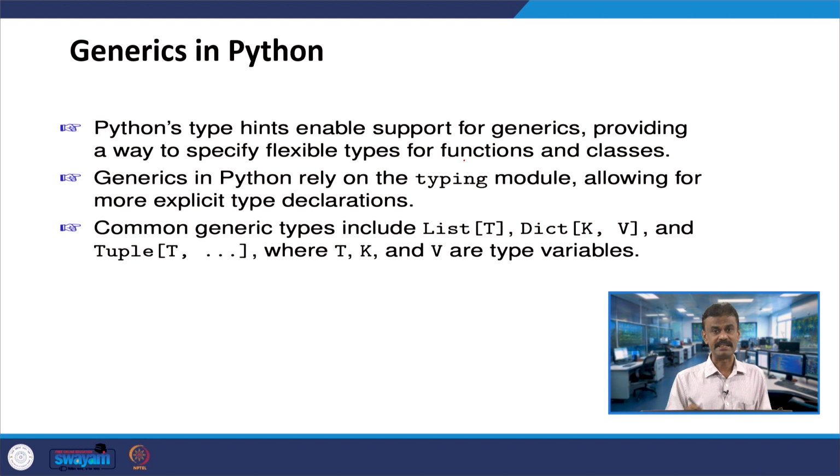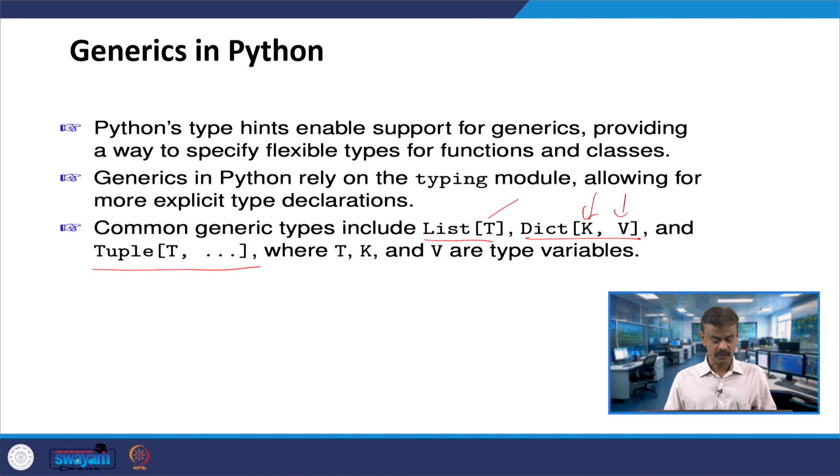So, suppose I use T, K or V, you can see here the generic types list, dictionary, right. I am using T, K, V. So, dictionary may be integer, float, list, but let us say character array T, and then we are going to have tuple, right. So, these are all the common generic types in Python.